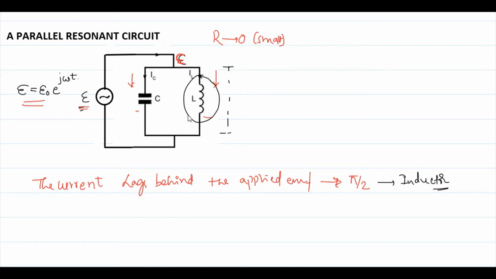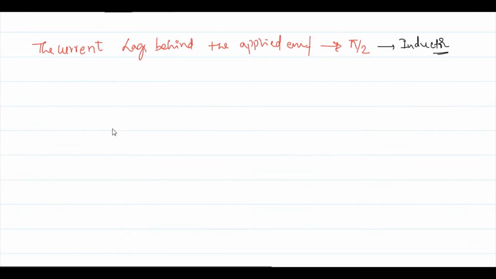We already know the reactance of this inductor, given by XL equals j omega L. We defined this same thing in the series LCR circuit using the j operator. Now if you calculate the current across this inductor, it is given by IL equals EMF divided by XL, the reactance of the inductor.